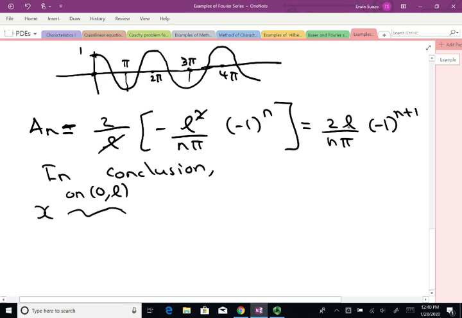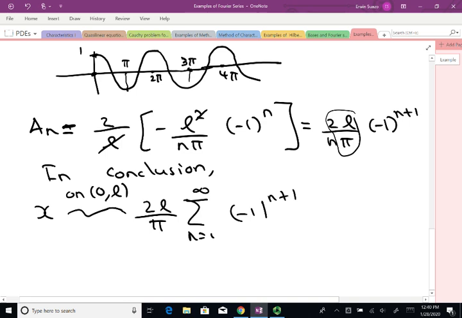I guess you can factor 2L over pi, right? So you can get 2L over pi sum n equals 1 to infinity of minus 1 to the n plus 1 divided by n, right? So I copy. Then this is my a_n.